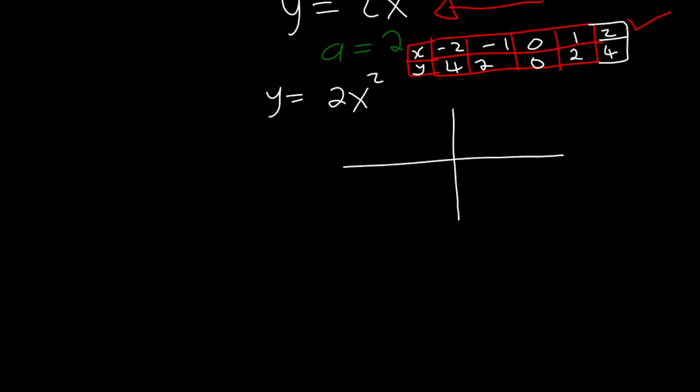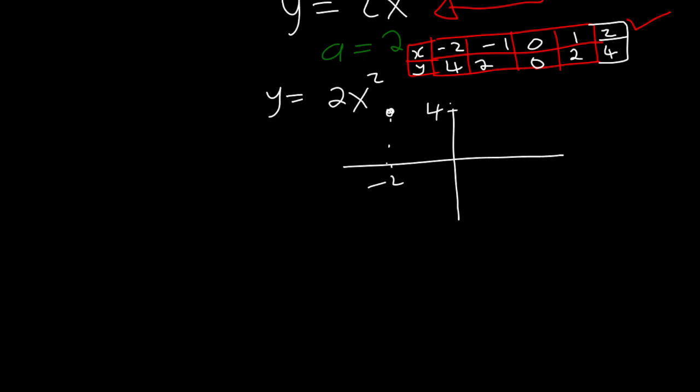So if you are to draw, you can consider -2 goes together with 4. If we point out -2, we can have 4 somewhere here, so they meet there.